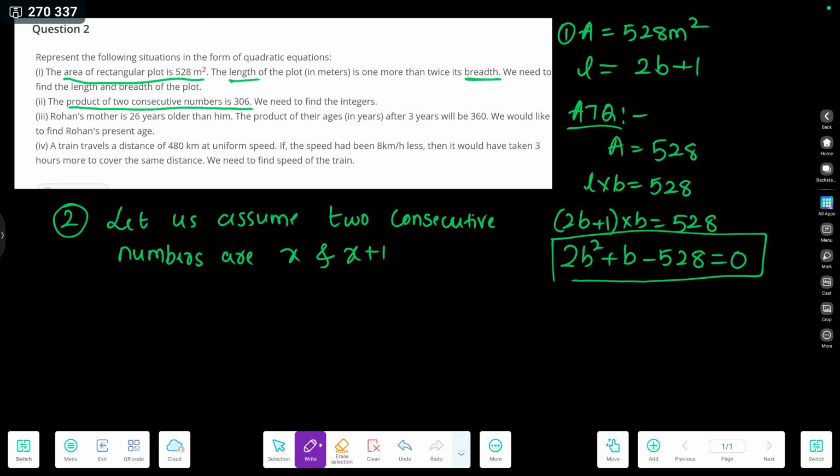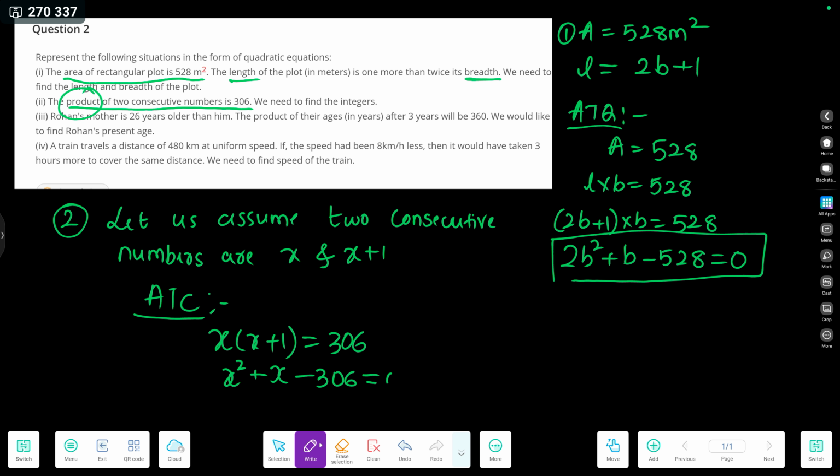The product is 306. According to the condition, x into (x plus 1) equals 306, so x square plus x minus 306 equals 0.